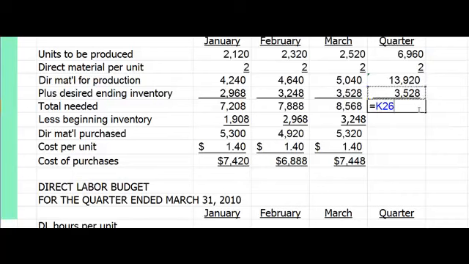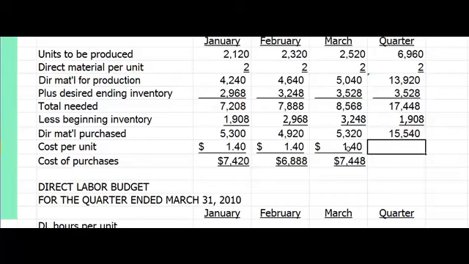Then I'll add those together, and that's my needs. Now, beginning inventory for the quarter is the beginning inventory for January, because January is the first month of the quarter. So I don't need to buy that during the quarter. So I'm going to subtract that.